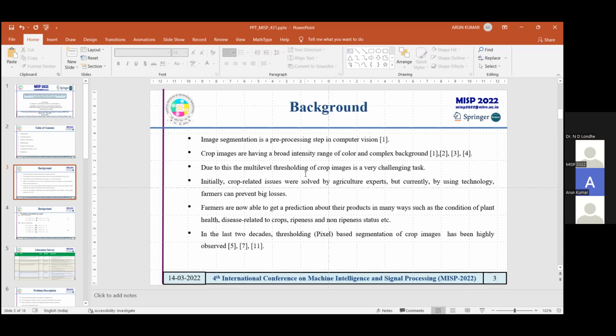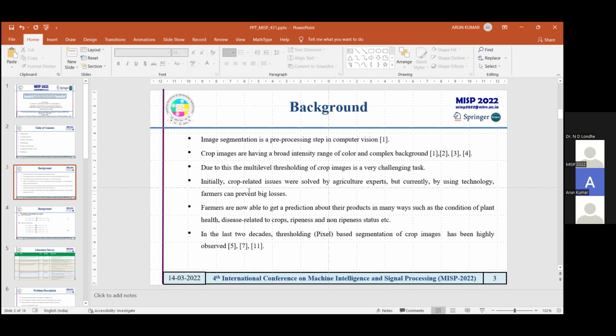Image segmentation is a pre-processing step in computer vision. Why is multi-level thresholding of crop images required? Crop images have a broad intensity range of color and a very complex background. That's why multi-level thresholding of crop images is a very challenging task.